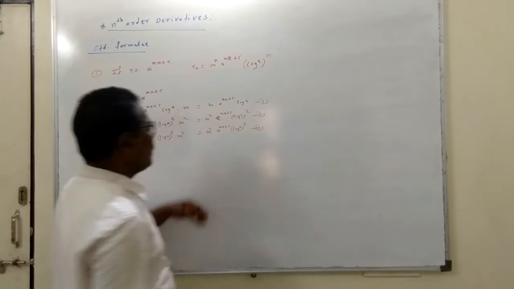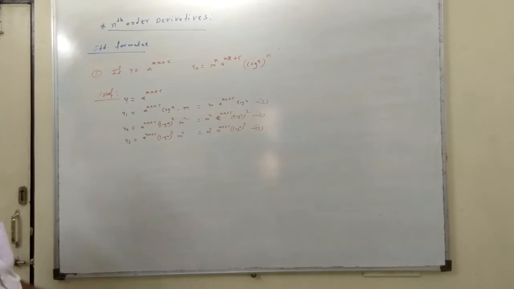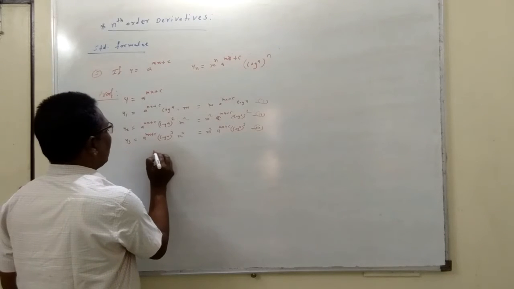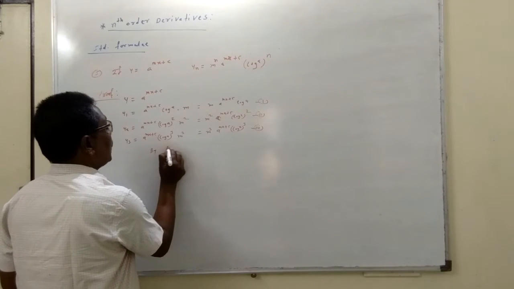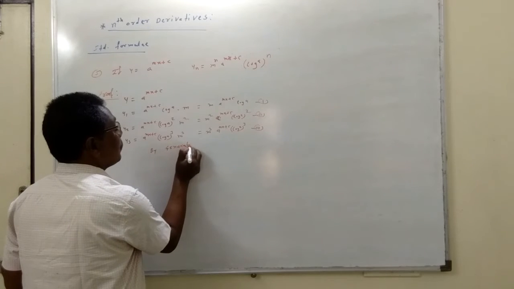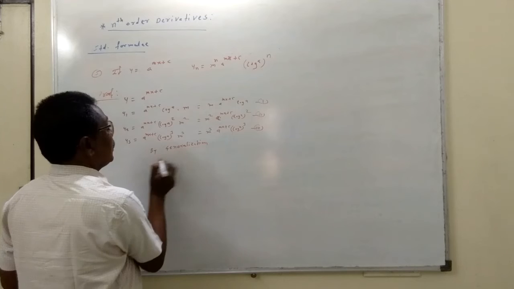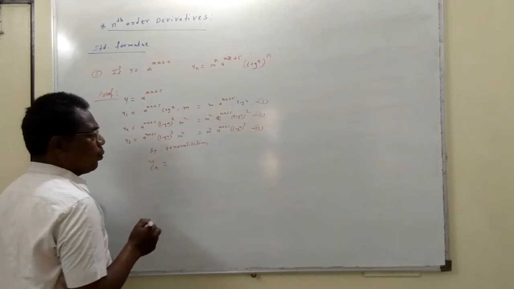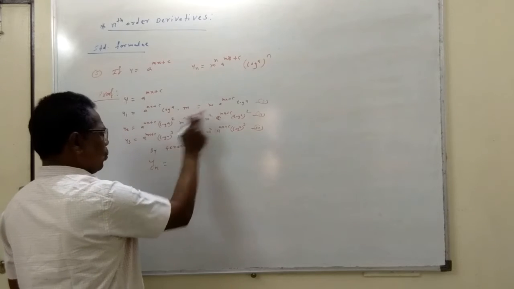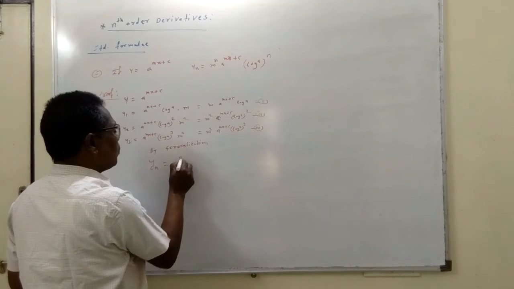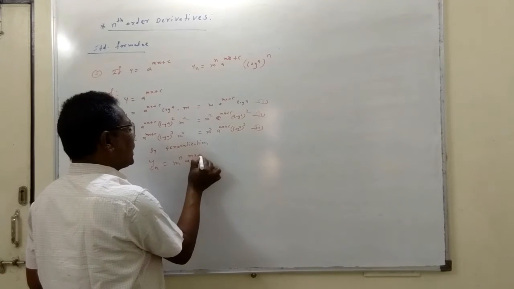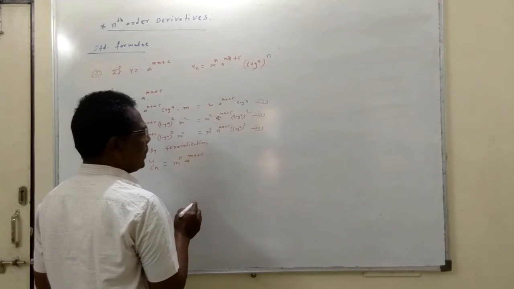Now by observing these first three results and by general logic, we write the nth derivative. By generalization, yn is equal to, where the power of m is 1, 2, 3, so we can write m raised to n. a raised to (mx + c) is constant in the three results.